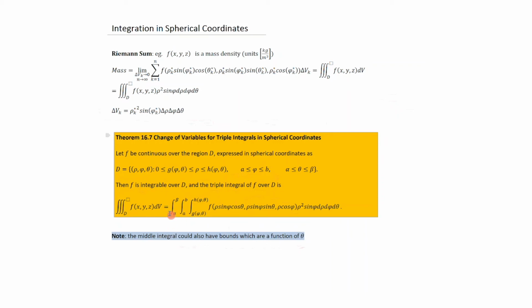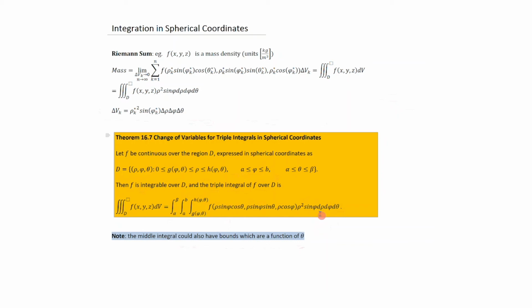So if you look carefully at this, the x has been replaced by the x coordinate for the spherical coordinates. This is the spherical coordinate representation for y, and this is the spherical coordinate representation for z. And this is the differential volume when we're talking about spherical coordinates.